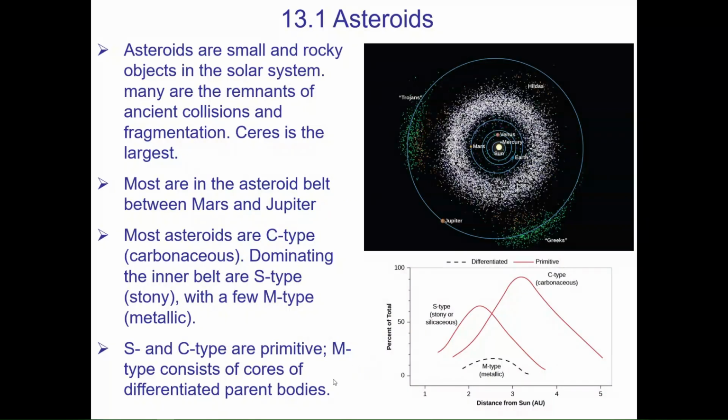However, the M-type, the metallic asteroid, is totally different. And its formation, we suspect, is very interesting. We believe the M-types consist of cores of differentiated parent bodies. What does that mean? Basically, we suspect that the parent body of M-type asteroids was large enough that its interior was molten.